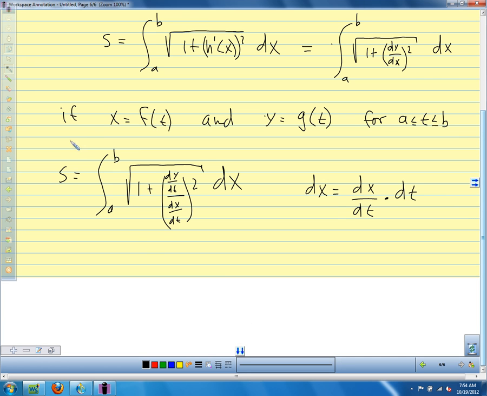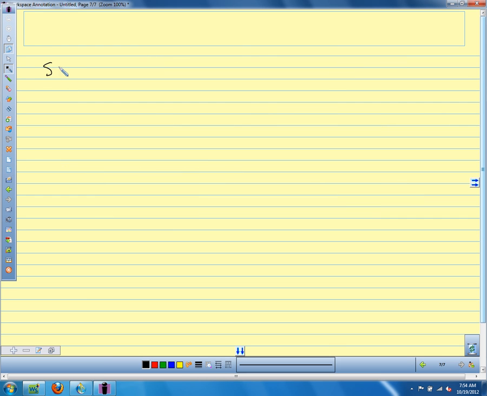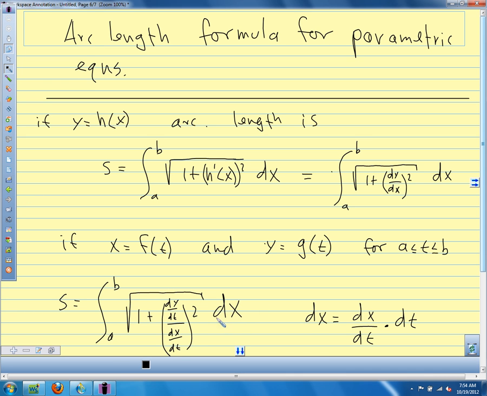All right, so s, our arc length, is going to be the integral from a to b of, first, from this expression, I'm going to use dx dt squared as my common denominator and write this all in terms of a common denominator.